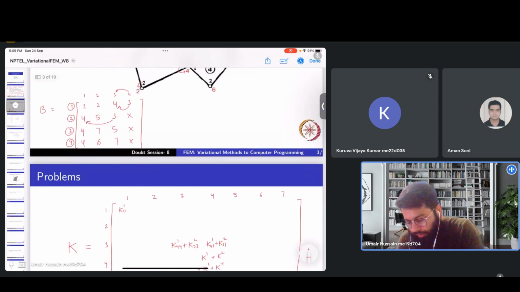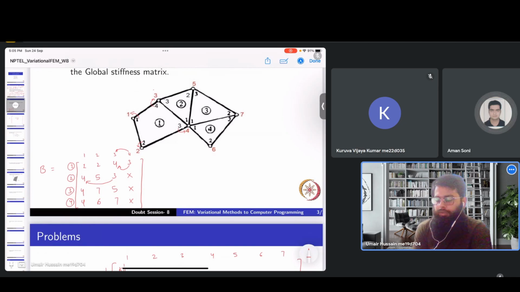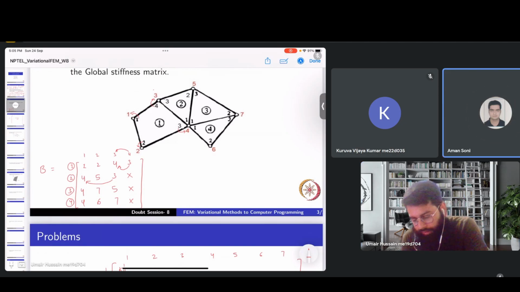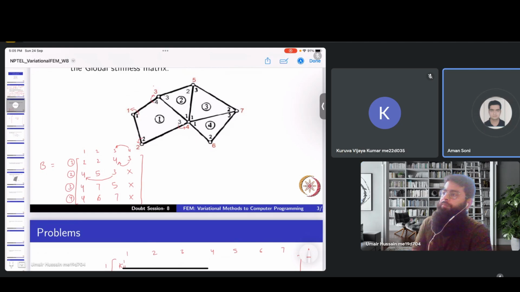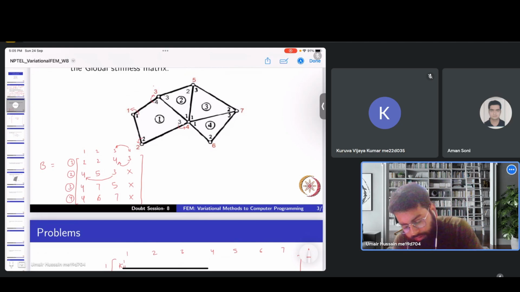No, we are talking about 4 4, right? Whenever we are trying to find any K ij, we just transform that to the respective local node number.